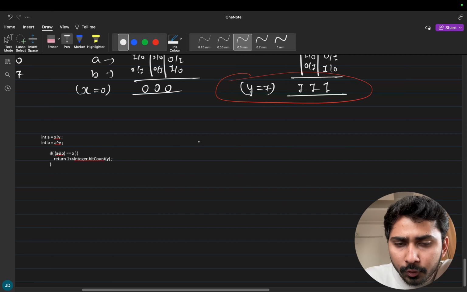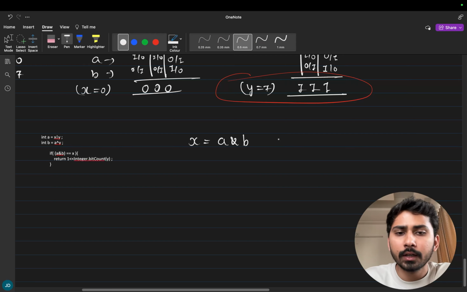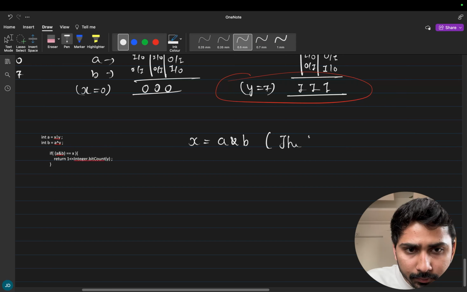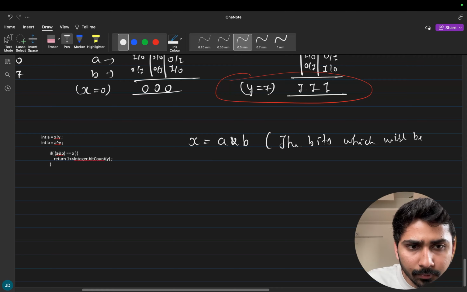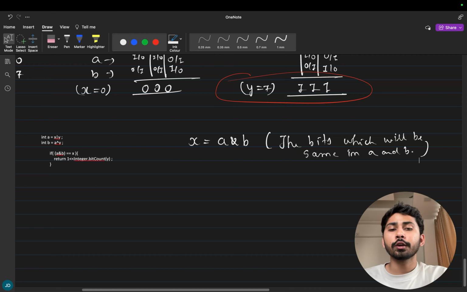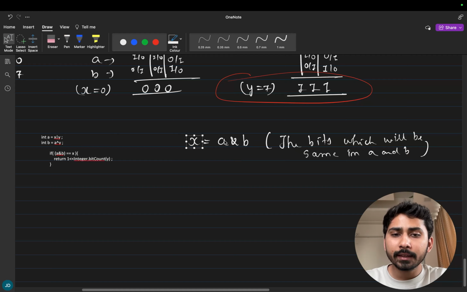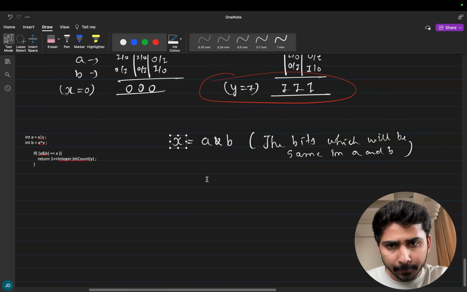So what am I doing? First of all, what is x? X is a AND b. So x gives you an idea about the bits which will be the same in a and b. So if the ith bit is set in x, then the ith bit is going to be set in both a and b.